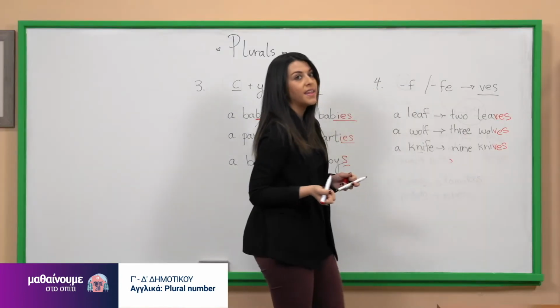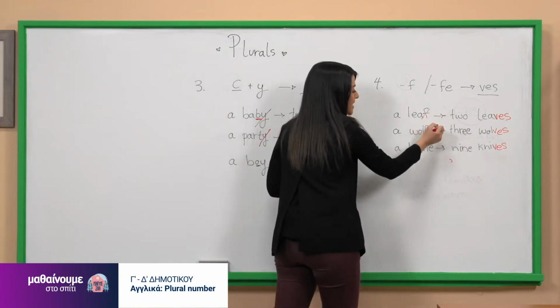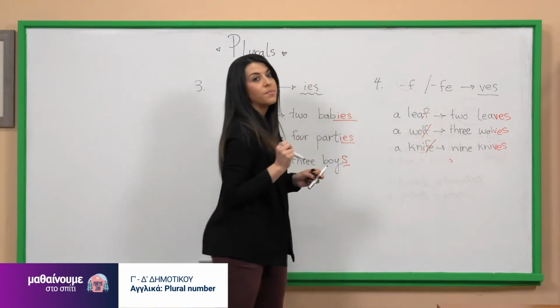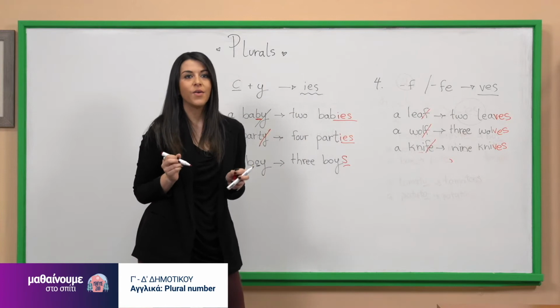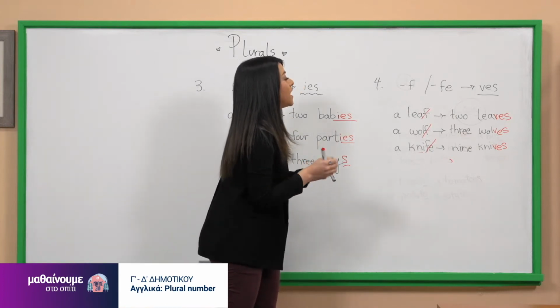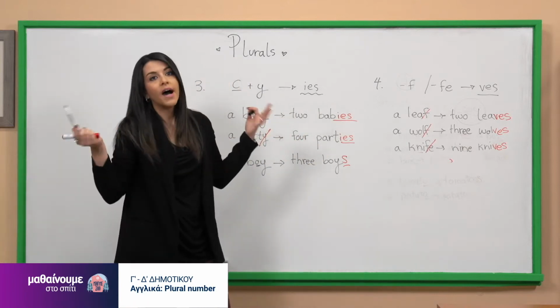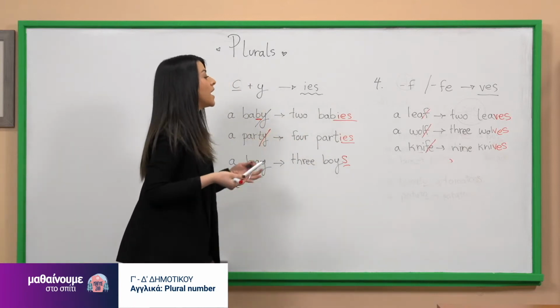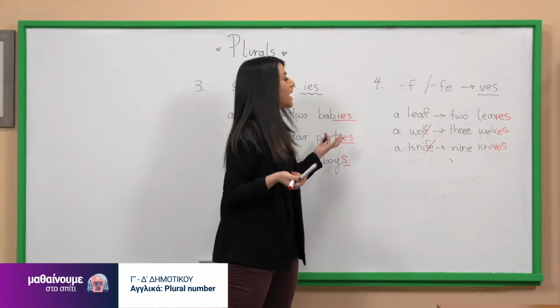So we add this in the end. And of course, we erase this. We don't use it. And we put V-E-S, okay? So let's see. A leaf, 2 leaves again. A wolf, 3, 4, 5, 6 wolves. And a knife, 9 knives.